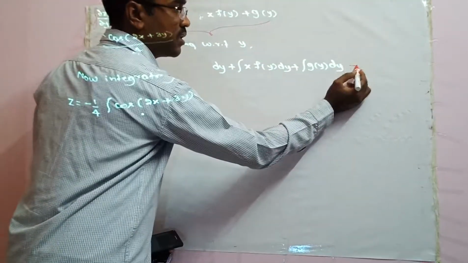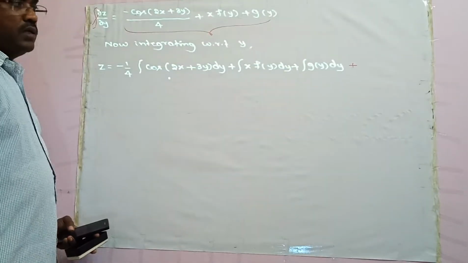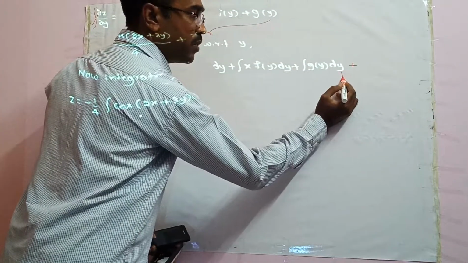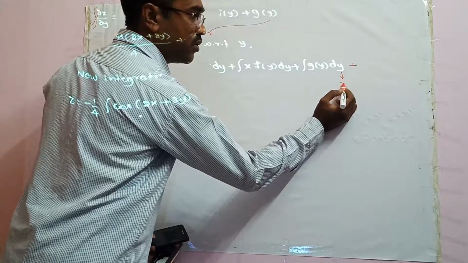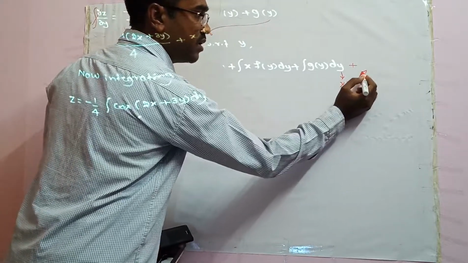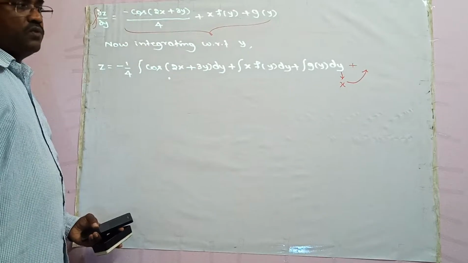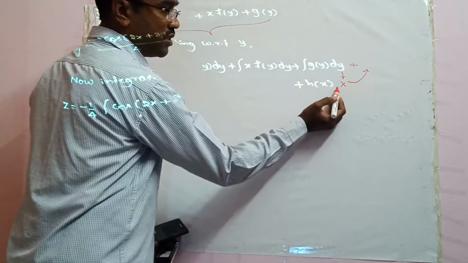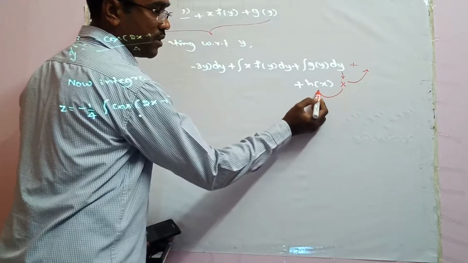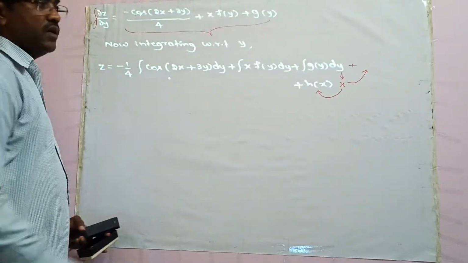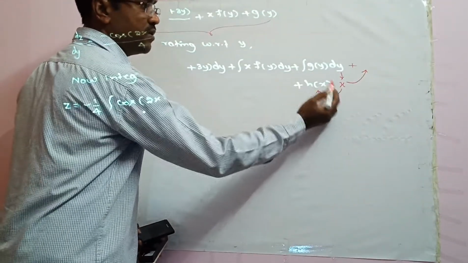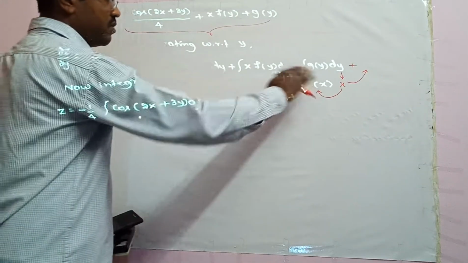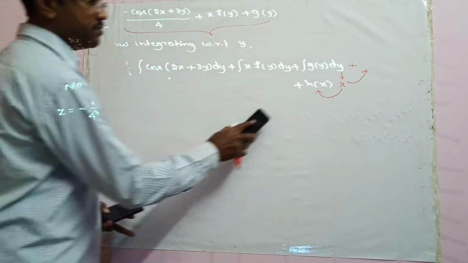We need to write the integration constant now. Since we have integrated with respect to y, you can write your integration constant in terms of x now. So here we have written that constant as h of x. Well, let us simplify all these to get our final solution.